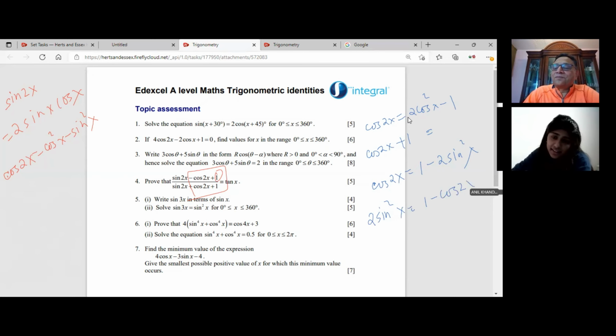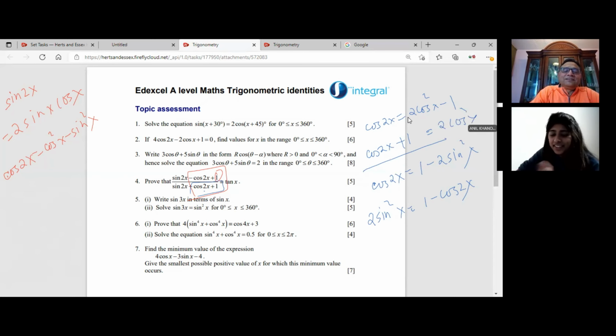So in the denominator where I have cos 2x plus 1, I will write it as 2 cos squared x.